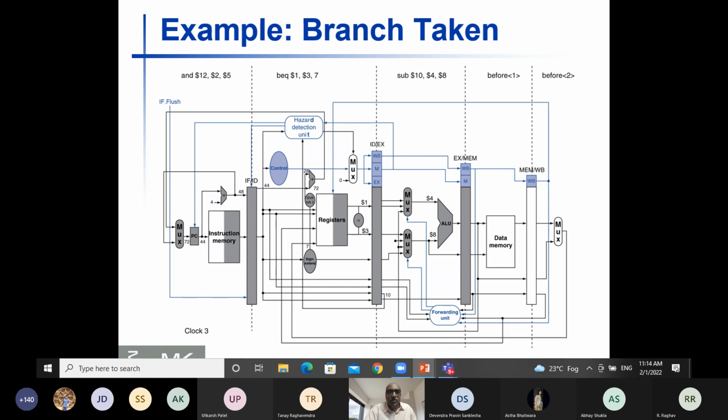If the branch is not taken, no issue, no penalty, but for every branch taken you have one additional cycle penalty. So out of 20%, half means 10%.